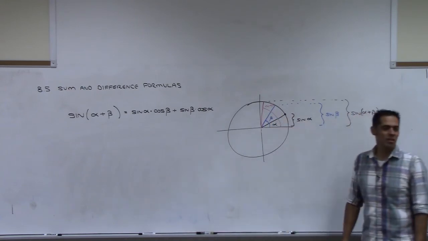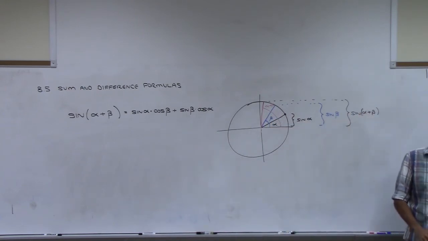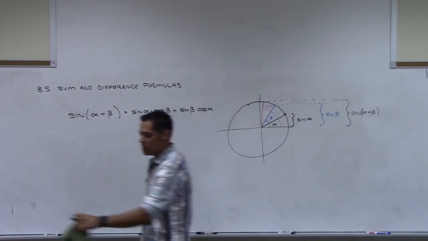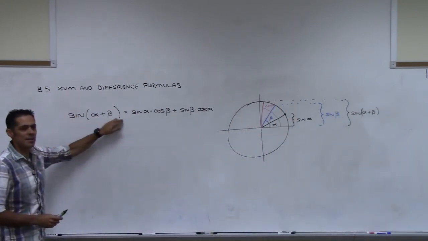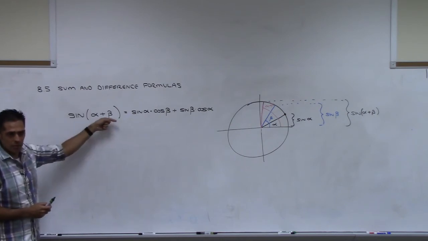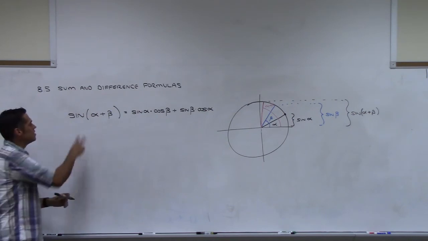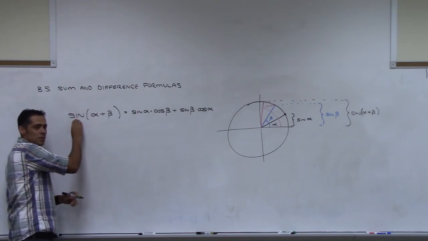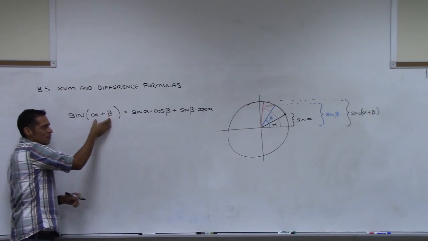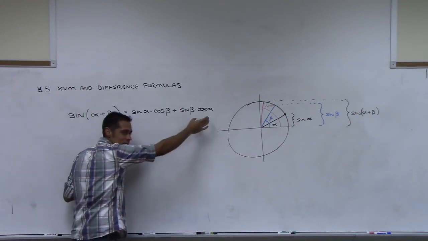So unfortunately, it's a lot more complicated than just adding the two together. A lot of students see something like this and say, I'm just going to distribute sine through. It doesn't work that way because sine is not a number. This is a function. You're taking sine of these two things added. And that, unfortunately, turns out to be this.